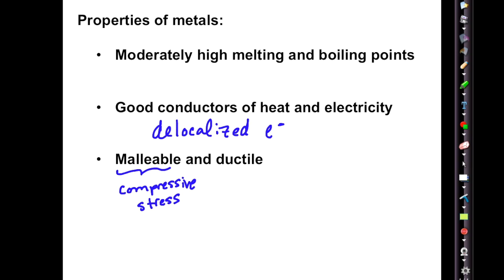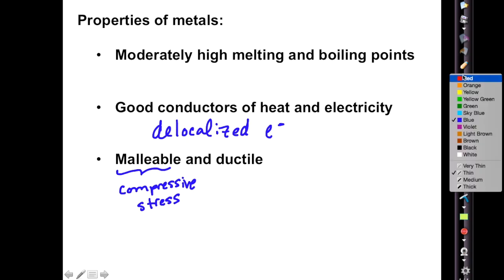Because the electrons are delocalized, it is possible for those metal atoms to sort of roll around each other when compressive stress is applied to the metal. So we do see that the metal can be flattened, hammered into sheets as opposed to breaking apart like you would see with an ionic compound. Ductility, on the other hand, here we're looking at tensile stress.